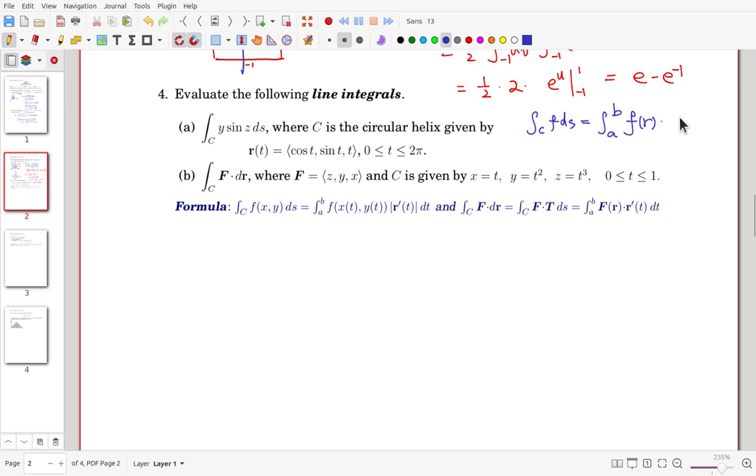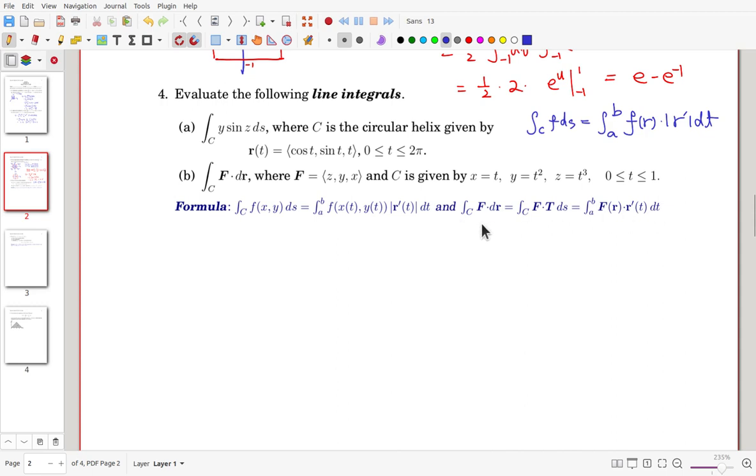You can write in this way, and we have here a formula, with r prime, the length, that is the scaling factor, and dt, right? For a vector field, once it is parameterized, then we have the integral from a to b of f of r dot r prime dt.